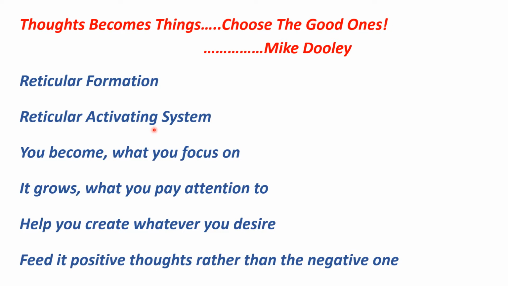How does it do this? It brings to our attention the things which we consider important, which we tell it are important, so focus on only those. But a very important thing is that it cannot tell us the difference between the real and the virtual or the imagined. According to it, they are one and the same.